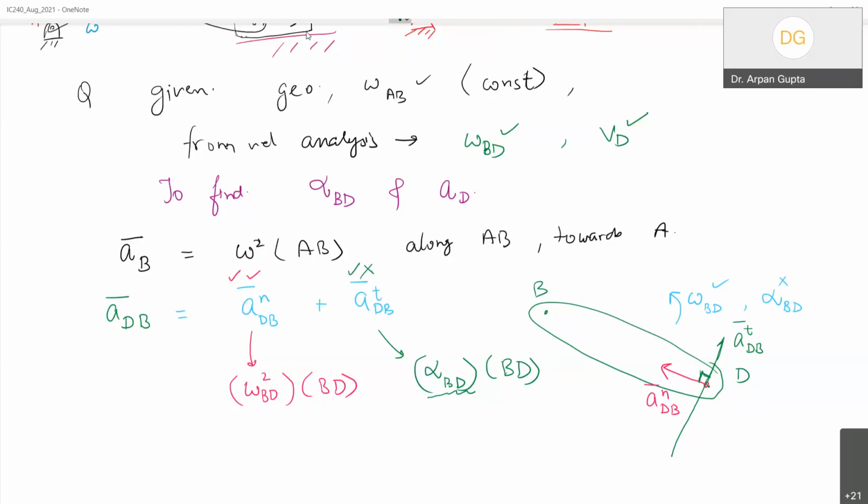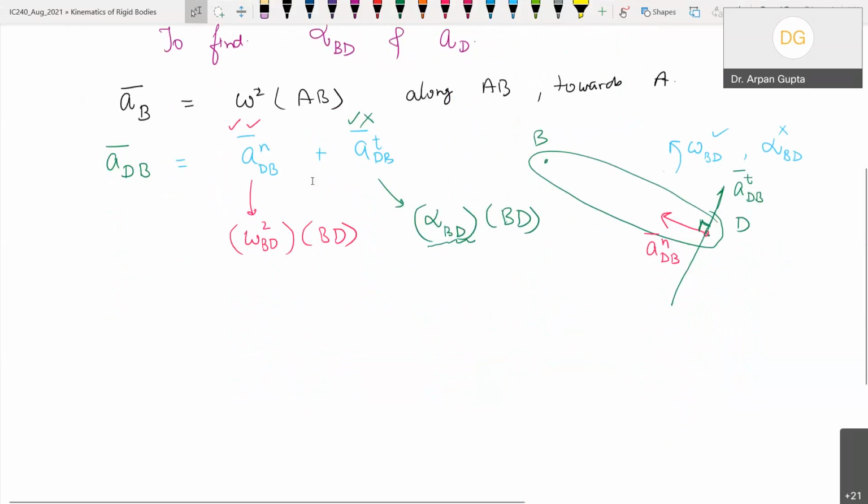Now let us write the relative motion equation. Acceleration of point D with respect to the ground is equal to acceleration of point D with respect to point B plus acceleration of point B, a vector equation. I can represent this vector equation as a diagram.